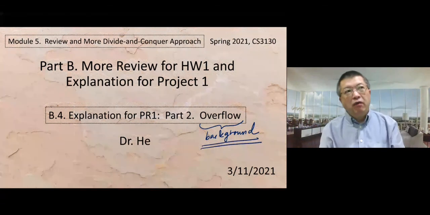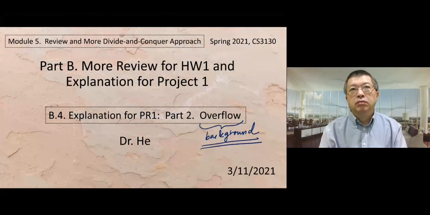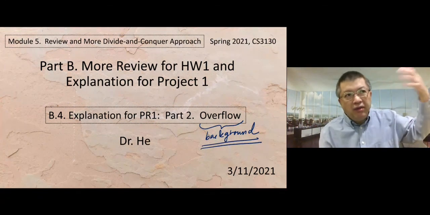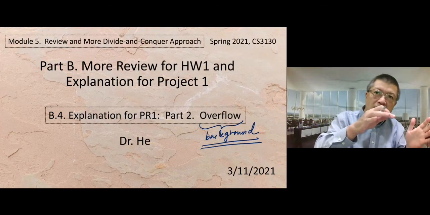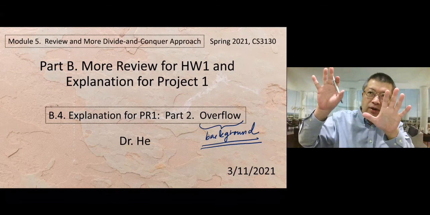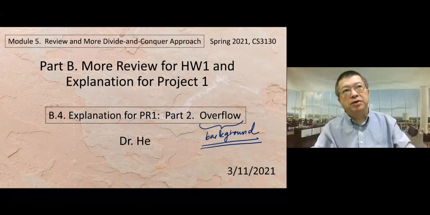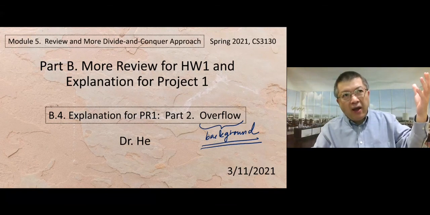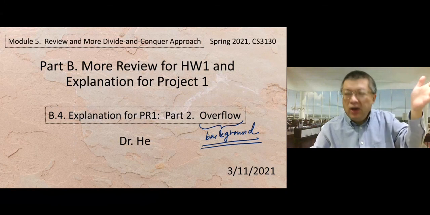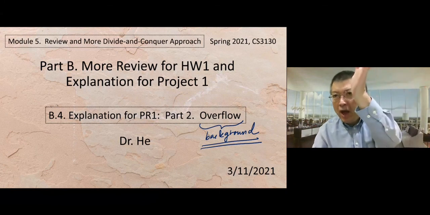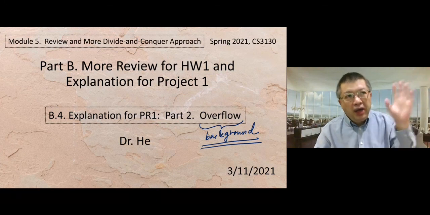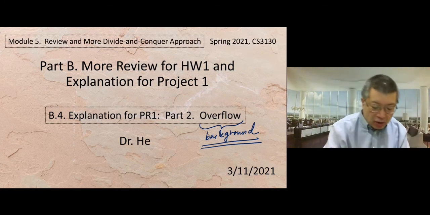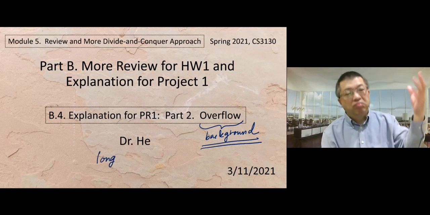In this project, overflow is a big problem because when we calculate Fibonacci numbers, we can easily get to very big numbers. So we can quickly hit the upper bound for our current data type. Here, let me talk about long integer, not just integer.